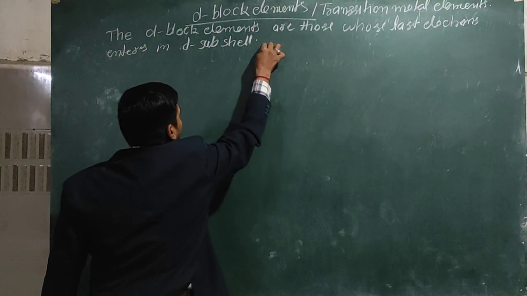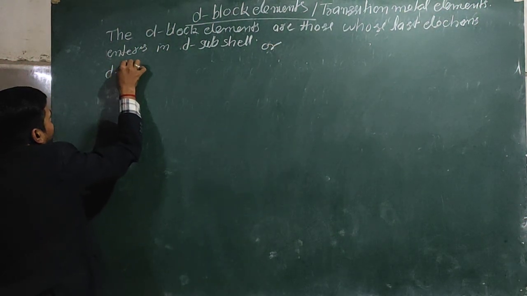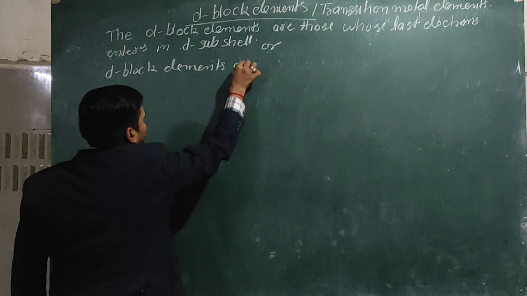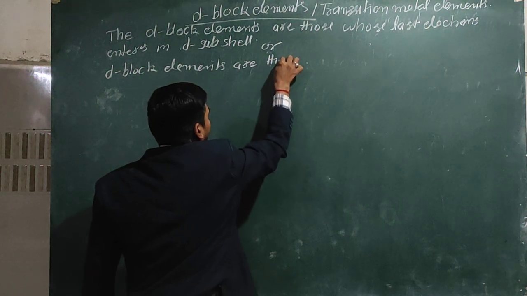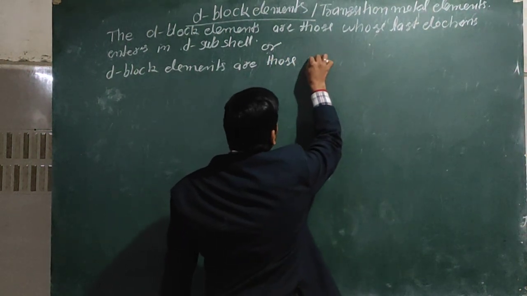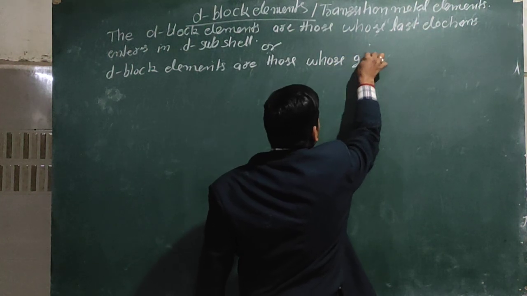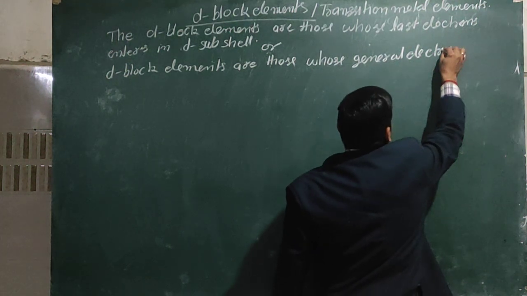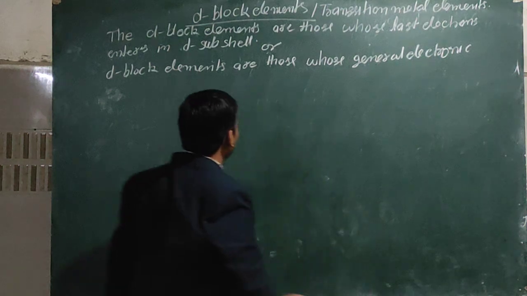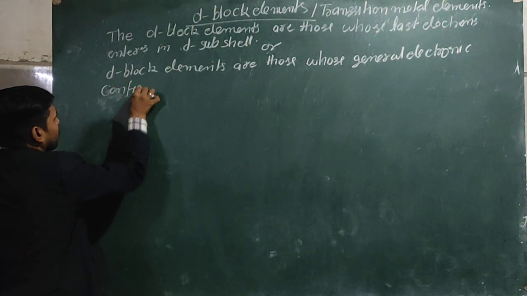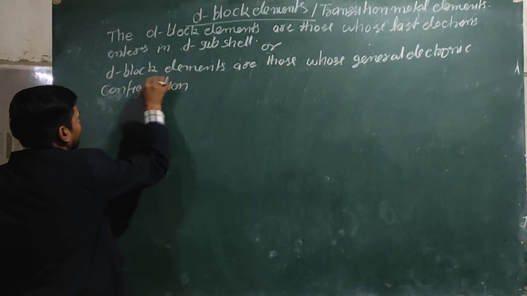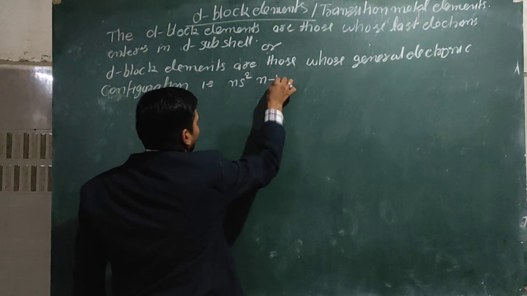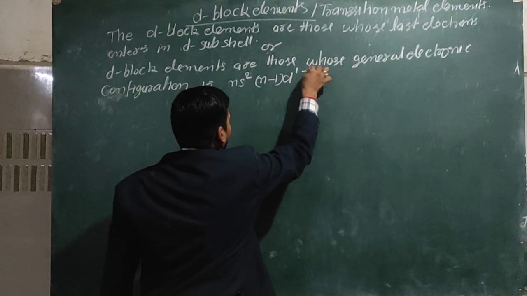In other words, d block elements are those whose general electronic configuration is ns2 (n-1)d1 to 10.